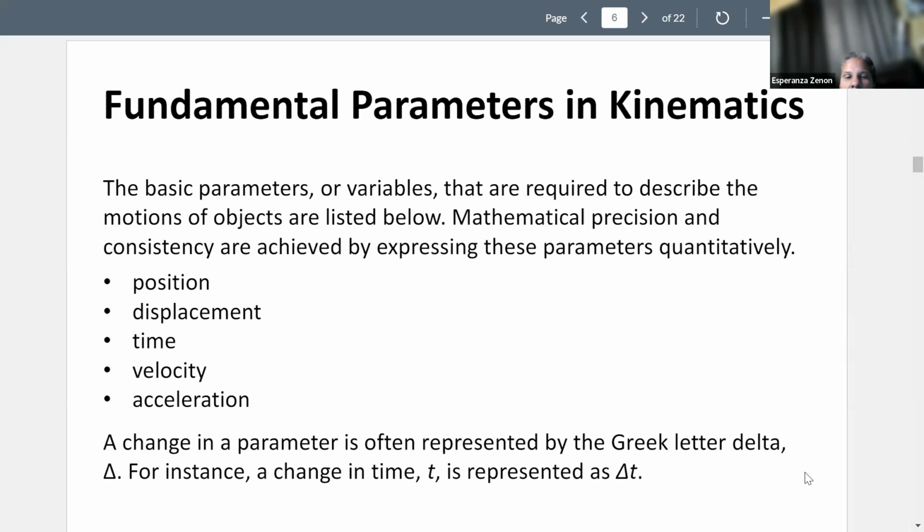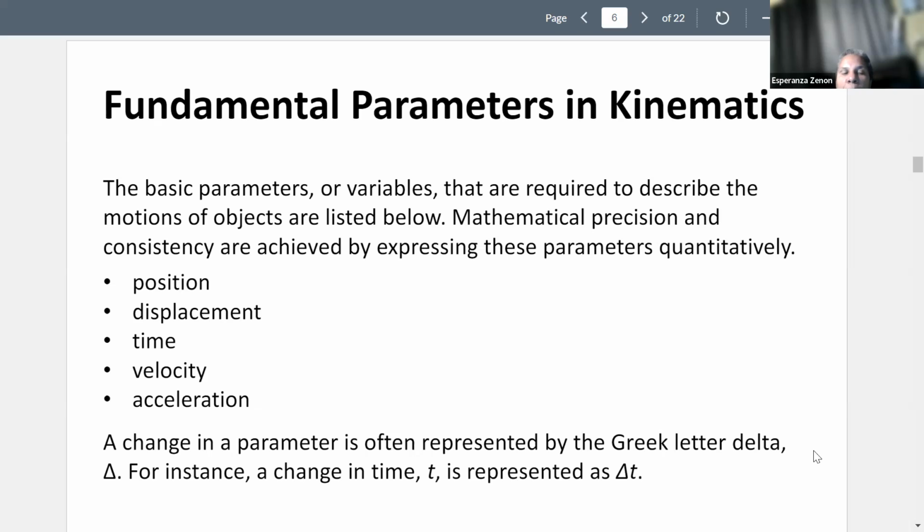And so the way that works is that whatever property is changing, we put the delta symbol in front of it. So for example, if we're using T to represent time, and I want to know about how much the time changed, I represent that as delta T.